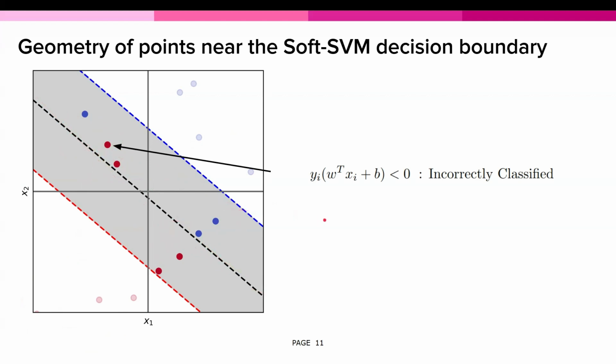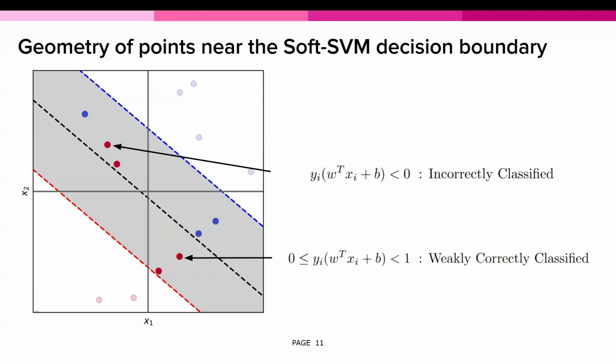If the product of the true class label and the linear predictor is less than 0, then we say that's incorrectly classified. These points lie on the wrong side of the decision boundary, and they contribute a significant penalty because the value inside the max function is going to be positive and large.